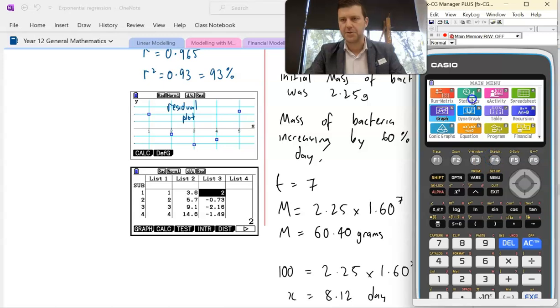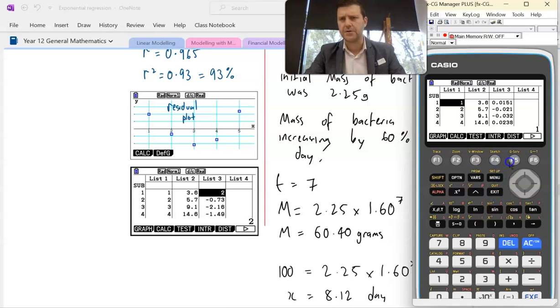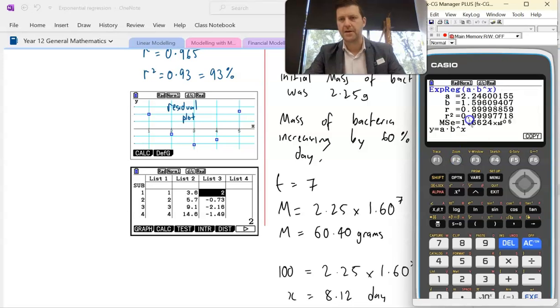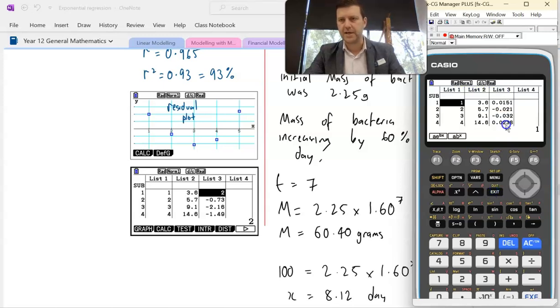Now, the other thing I just want to show you is that if I head back into the stats function, once you've gone through that process of calculating those values for A and B in the exponential model, so regression, F6, exponential, A times B to the power of X, and if you've set up your graphics calculator like I've shown you previously, list 3 shows those residual values for the exponential model.